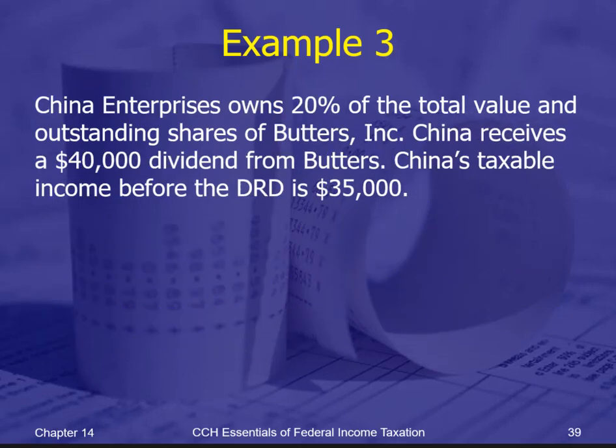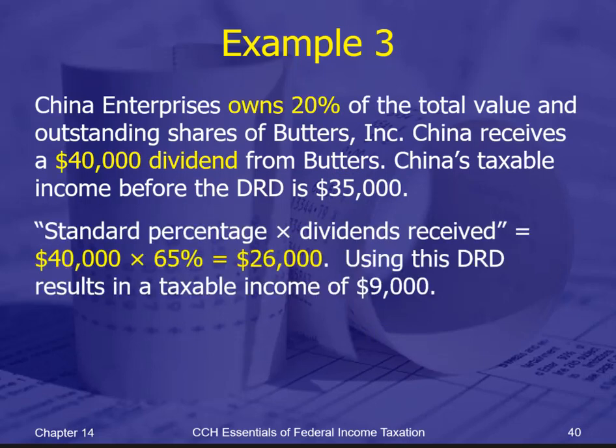However, if there is still income, then you must look at it the second way. Say the corporation owns 20% and receives $40,000. Their income before the DRD is $35,000. They do the standard percentage, and they get $26,000. This results in taxable income of $9,000. So it did not result in a loss, and we have to go to the next step.